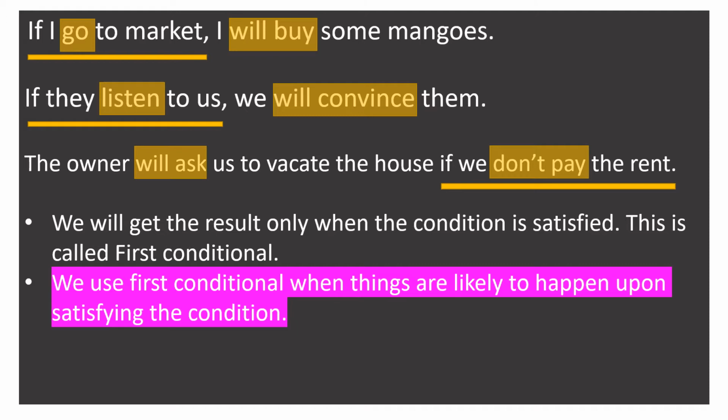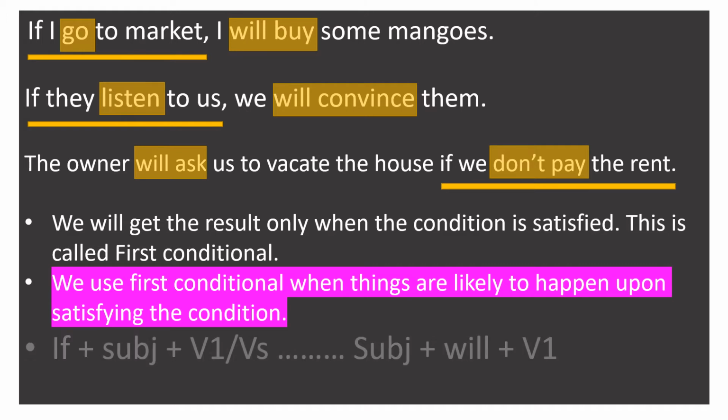In the if conditional clause, the verb is simple present, and in the main clause, the verb is simple future. So when we are using the first conditional if clauses, the verb structure should be like this. In the if clause, the verb should be either V1 or V1s. In other words, simple present. In the main clause, will plus V1, that is simple future.